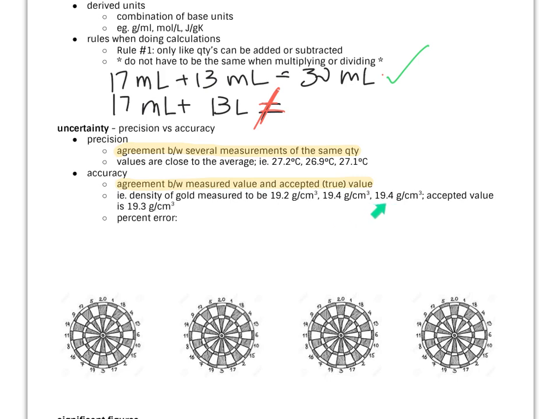And then they measure another sample and get 19.4 grams per cubic centimeter. And the accepted value, because we know, is 19.3 grams per cubic centimeter. So if you go back and look, all of these are very, very close to what we know is true, or what is the accepted value. Okay, so these would all be very accurate.